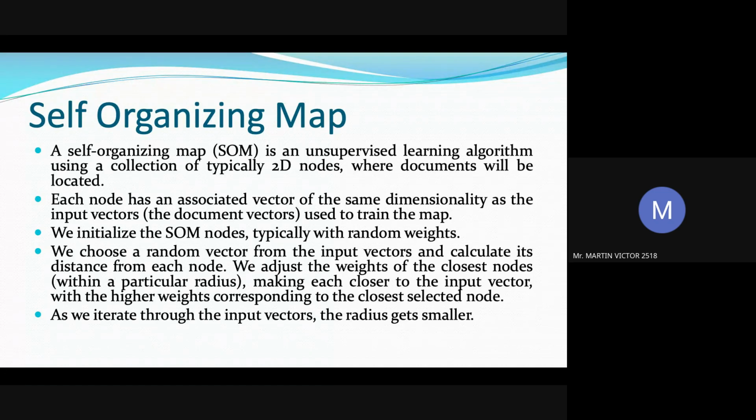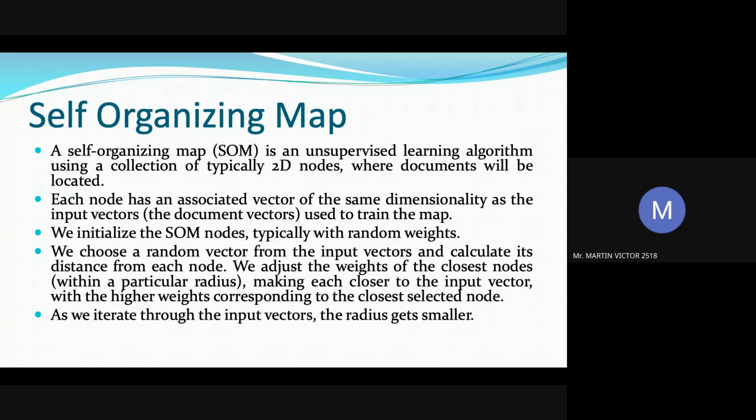This is to visualize and analyze high dimensional data. It helps to represent and organize large amounts of unstructured textual data. That is why we are talking about collection of documents, right?